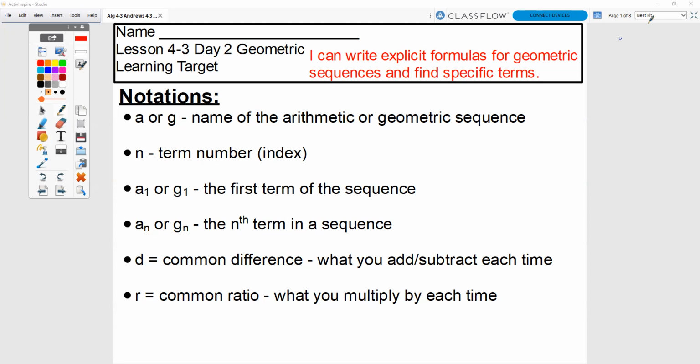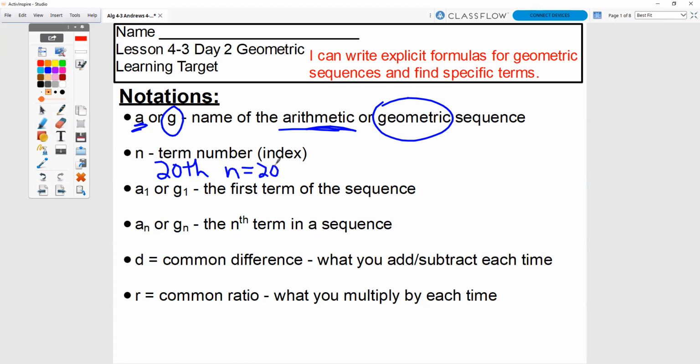So as we talked about yesterday, anytime that you see an A, that stands for arithmetic sequences. You won't see those today, but what you will see today are the G for geometric sequences. Geometric sequences, you're multiplying by the same number each time. When we see the letter N, that is the term number. So if we are looking for the 20th term in the sequence, N would equal 20.